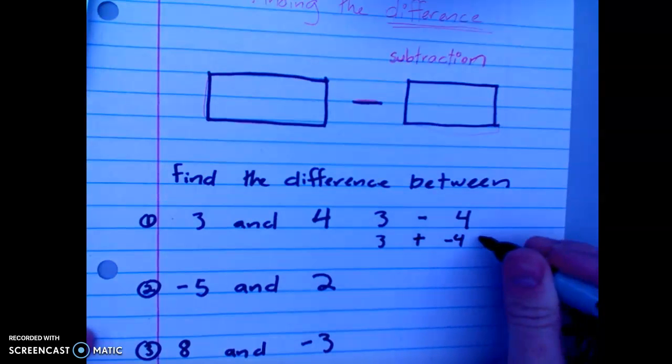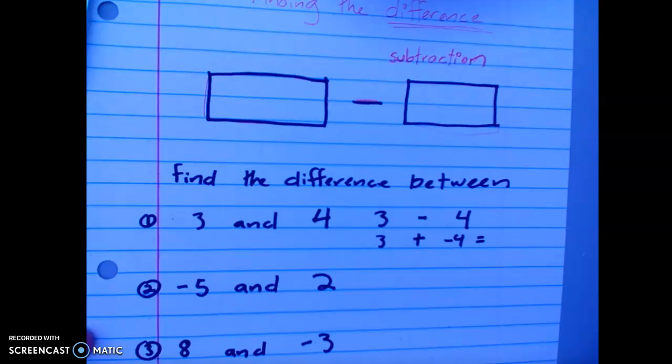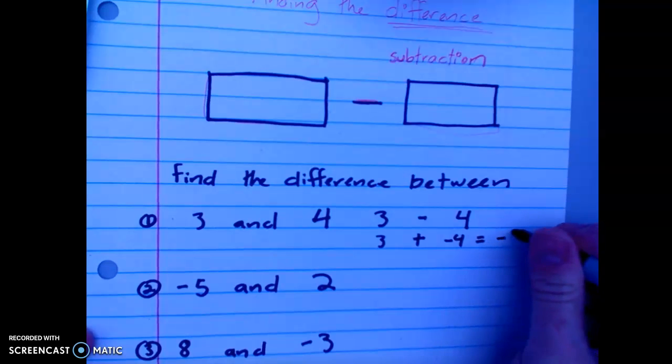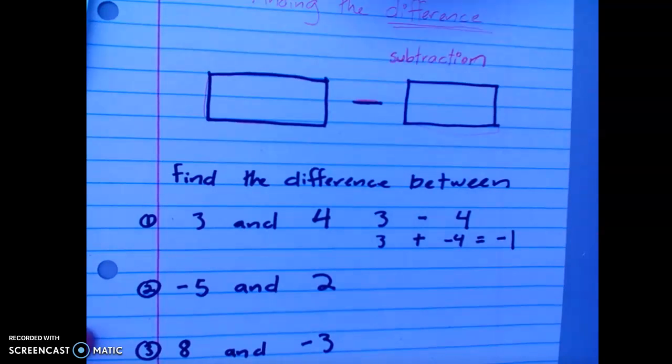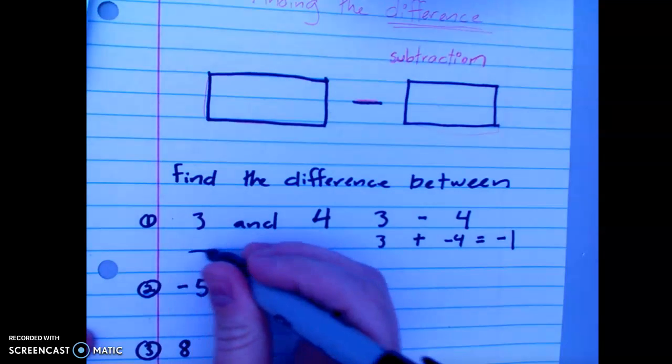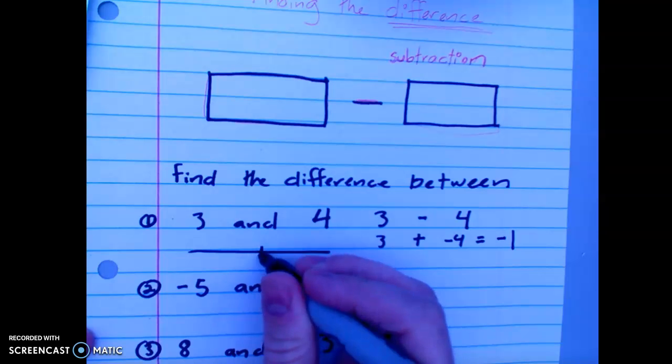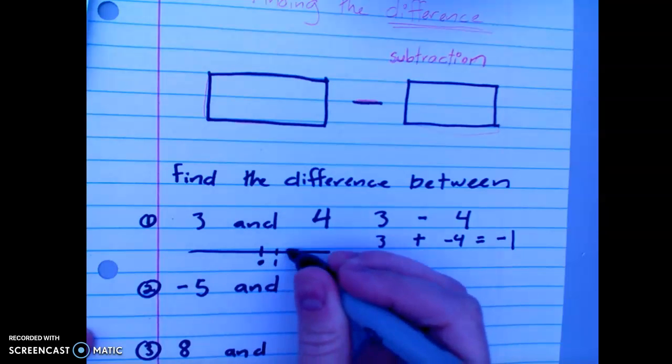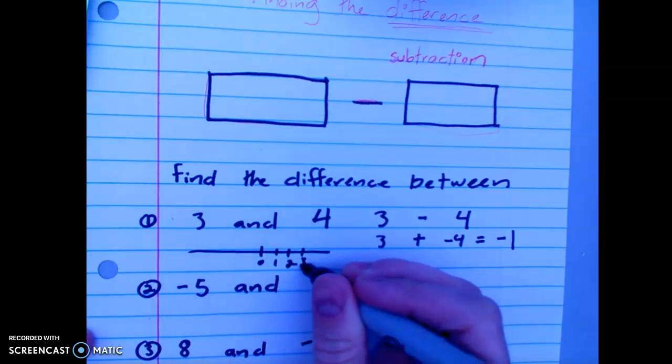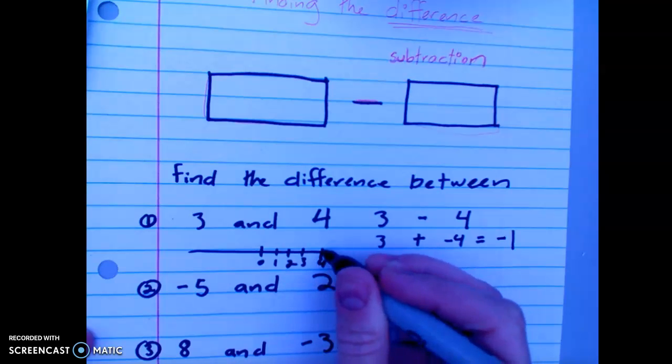Now we can use our addition rules and say, this is different signs, subtract. So I would end up with negative 1. So the difference between 3 and 4 is a negative 1. And that makes sense, because if you think about 3 and 4 on a number line, here's my number line, there's 0, there's 1, 2, 3, 4.